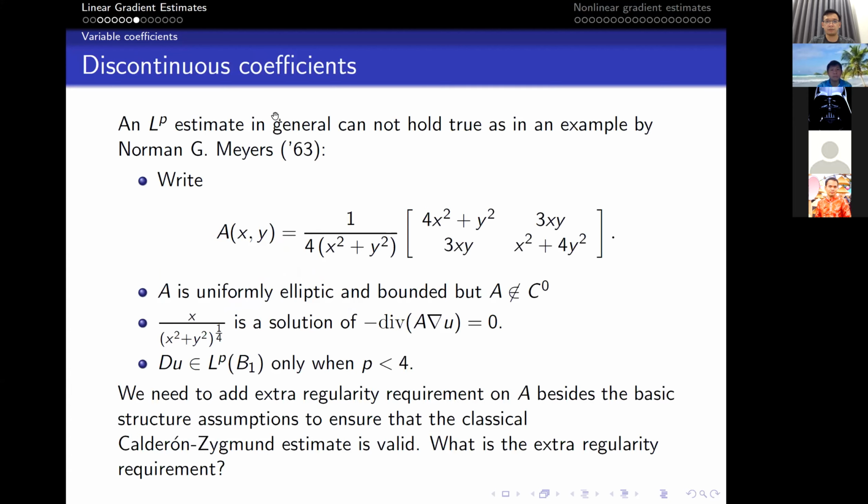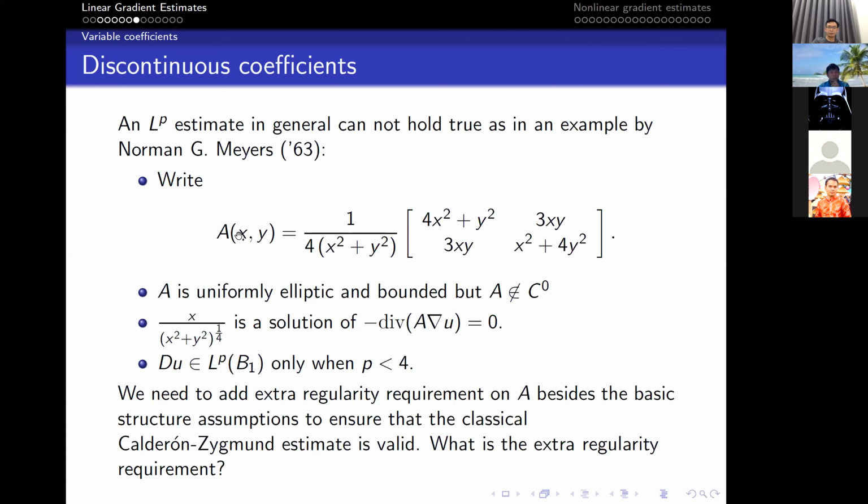Then how about discontinuous coefficients? In general, this kind of L^p estimate cannot hold true, as shown by this example by Meyers in the early 1960s. So this is n equals 2, the simplest one. If we define this matrix in this way, then we can easily check that this matrix is not continuous at the origin.